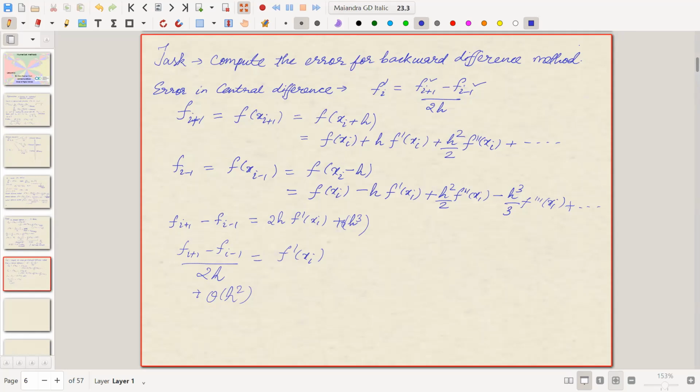H, because h is smaller than 1. So when you square it, h square is less than h. Therefore, in the central scheme you have order of h square. That means this method is more efficient as compared to your forward or backward method. So we have proved that indeed it is the case.